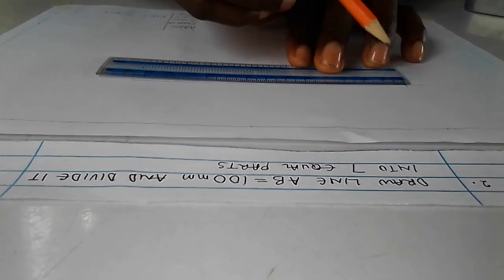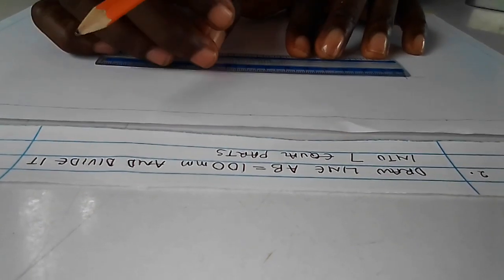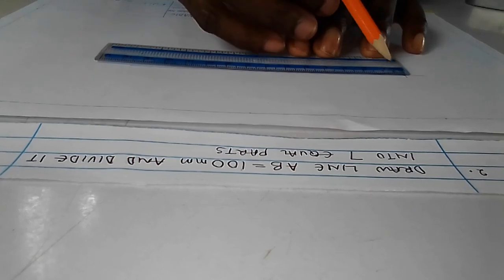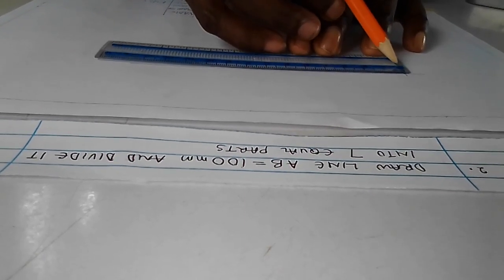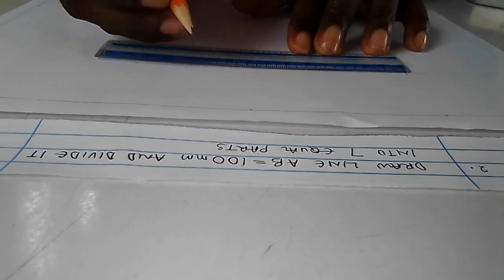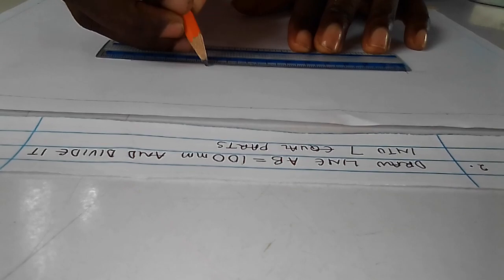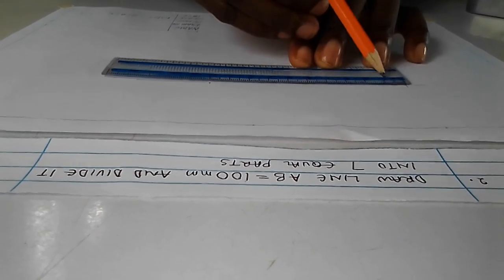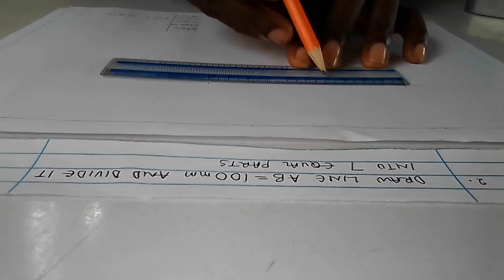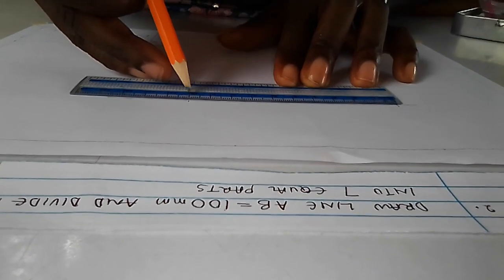As you know, each of the divisions here represents 10 millimeter, which is also equal to 1 centimeter. So from 0, the long line that touches 0 here, I will now look for 10. That is 100 millimeter, which is also equal to 10 centimeter. Counting it: 10 millimeter, 20, 30, 40, 50, 60, 70, 80, 90, 100.